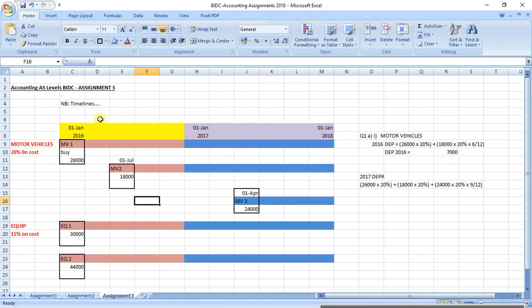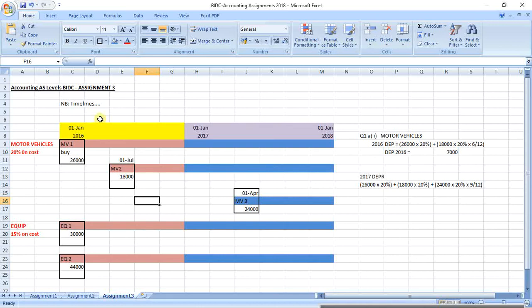There's not that much to put on. It's literally 3 motor vehicles, 2 equipments. Okay, so yeah, so that's for MB1.